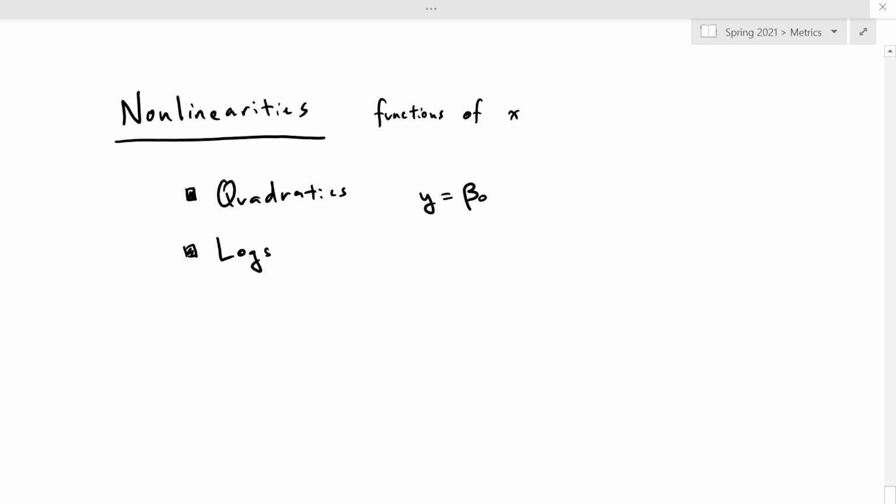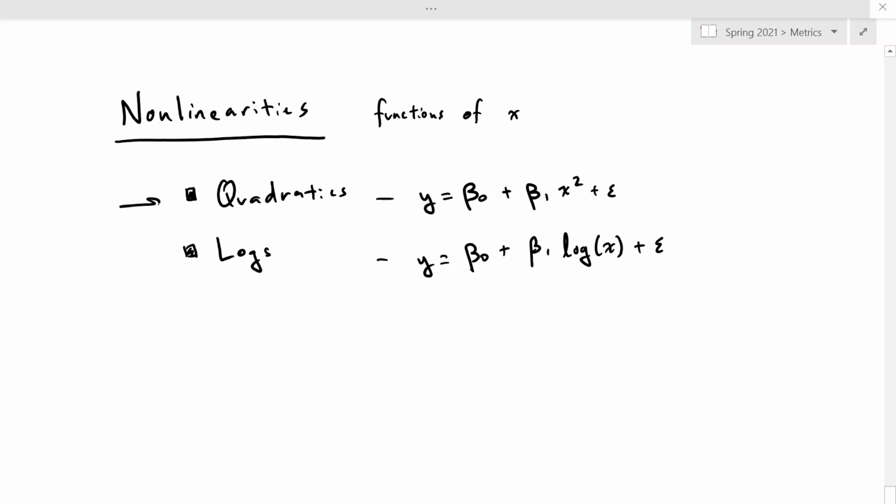So like y is equal to beta 0 plus beta 1 x squared will give us a quadratic plus the error term. And y equals beta 0 plus beta 1. So this addition here means we have a linear regression, but we have a nonlinear function of x. And so here we could have something like log of x plus epsilon.